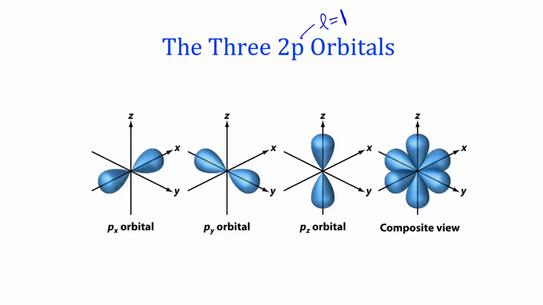That means that we can have m sub L options for -1, 0, and +1. Basically it's just convention that the z-axis gets the 0 label. Don't worry too much about it right now, but just know that each one of these represents one of our m sub L values.